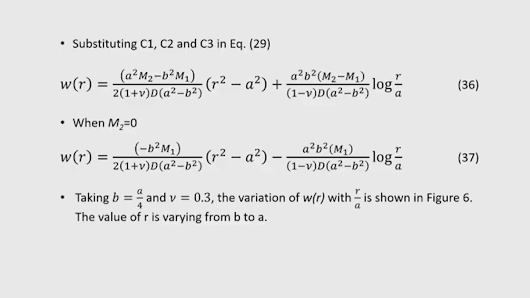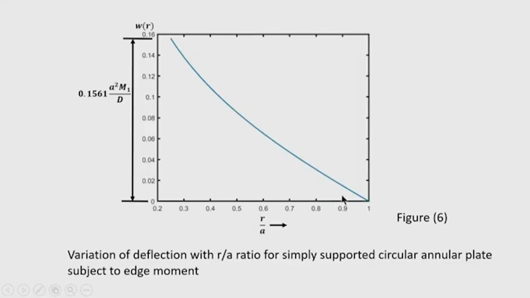To illustrate the solution, we have taken the inner radius as 1/4 of the outer radius, and it is a steel plate whose Poisson ratio is 0.3. The variation of W r with r by a is shown in this figure 6, where 0 is the center and this is the outer radius.